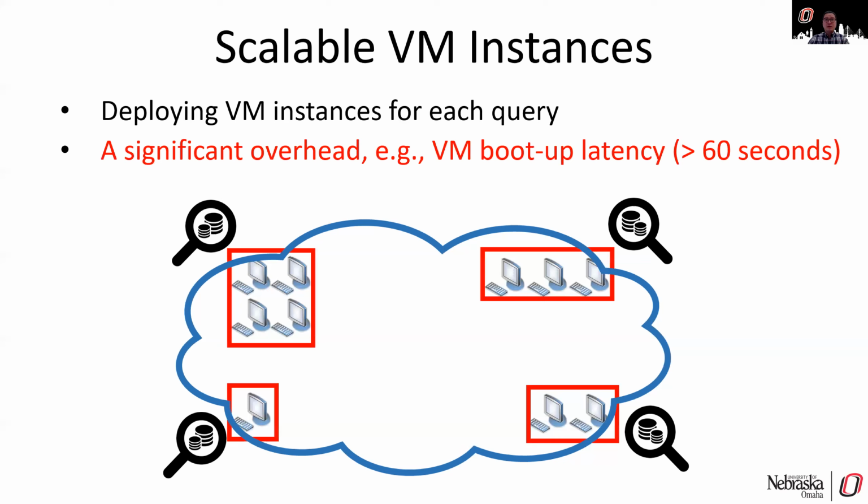However, because they mainly consider utilizing virtual machines (VMs), there is an unavoidable overhead. For example, VMs require boot-up latencies, which can be more than 60 seconds. So if a query is latency sensitive, using virtual machines is not a good choice.